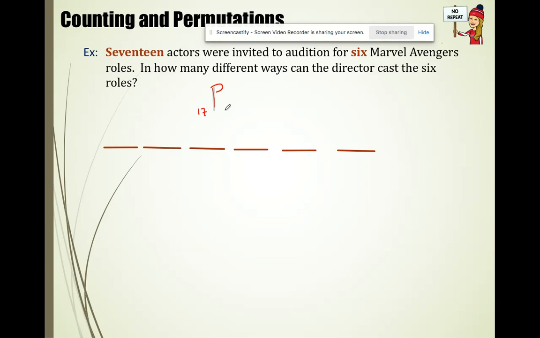How many slots do I have? So by formula, that is n, the choices I have, divided by n minus the slots.